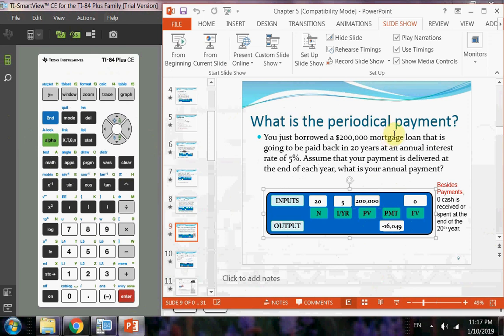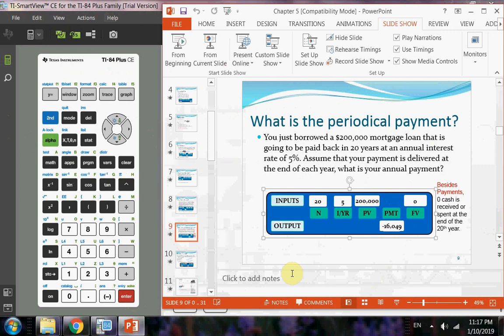So we focus on the financing relationship instead of the house payment. In the financing relationship, you get $200,000 from a bank, and then you need to pay $16,000 each year in the future.